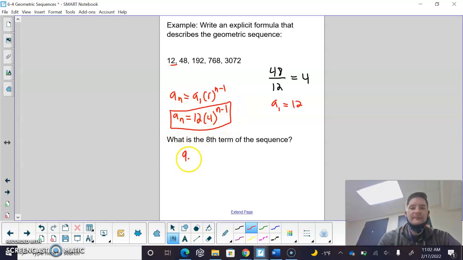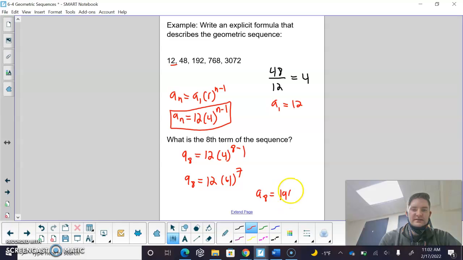Then the eighth term is 12 times 4 raised to the 7th power, and that's going to be 196,608.